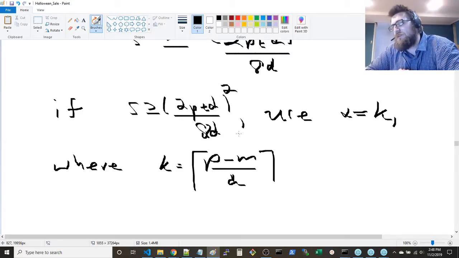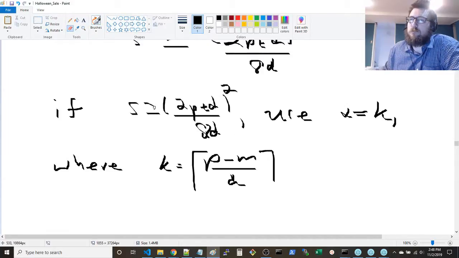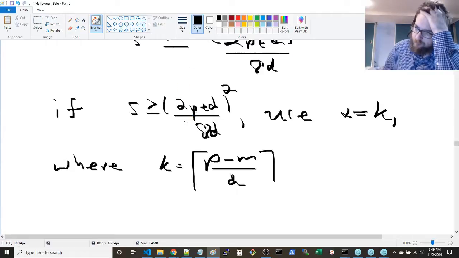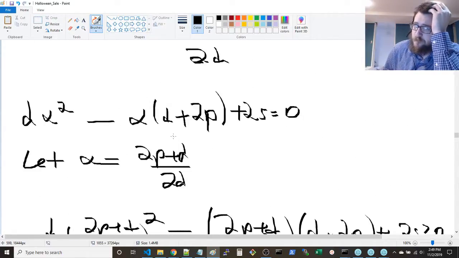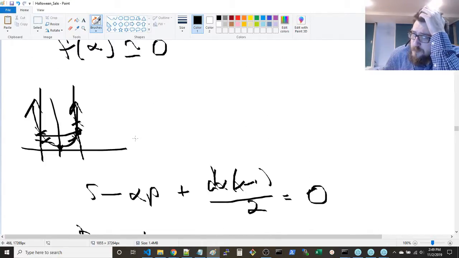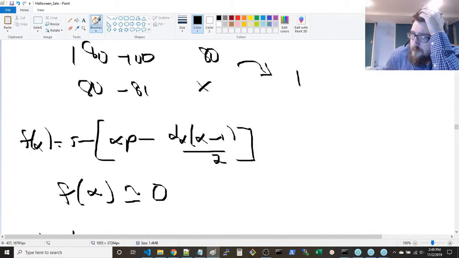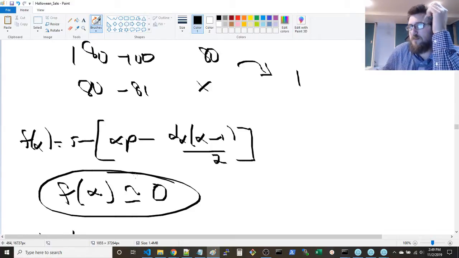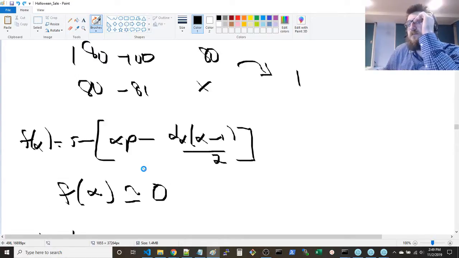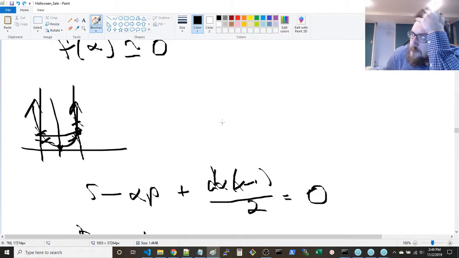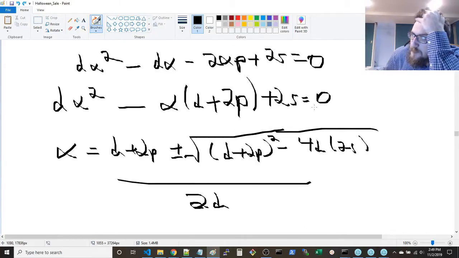Basically, you're in the second case if you do this. If S is way larger than P and D, and you're looking at the case where you're going to want to consider the ceiling of (P minus M) over D. Otherwise, you can use the quadratic formula to figure out when this thing is 0, and then you can go the less than, larger than, right?